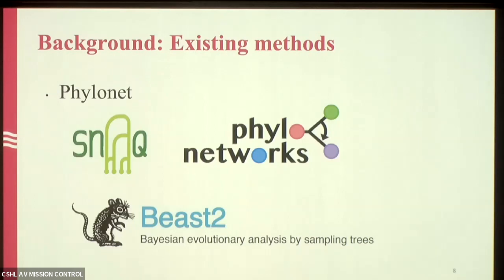SNaQ is a method developed by my advisor, Professor Solis-Lemus, and it is available within the Julia package PhyloNetworks. It is an alternative to PhyloNet that is able to infer networks with complexity that does not grow with the number of genes. But still, the method is unable to handle large data, like beyond 50 taxa, where it will take much longer.